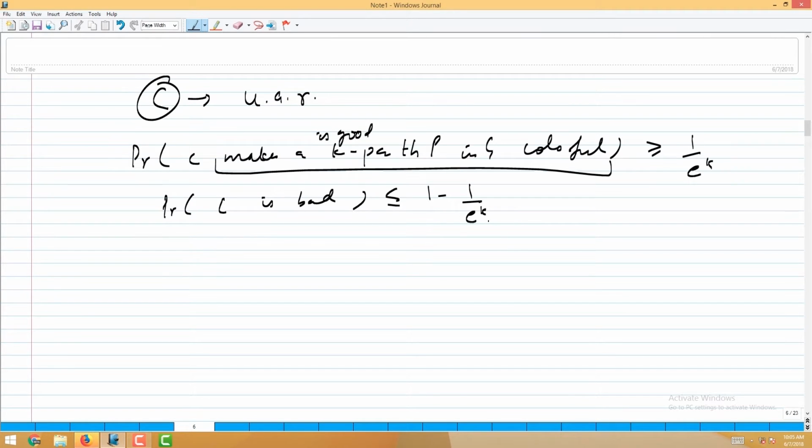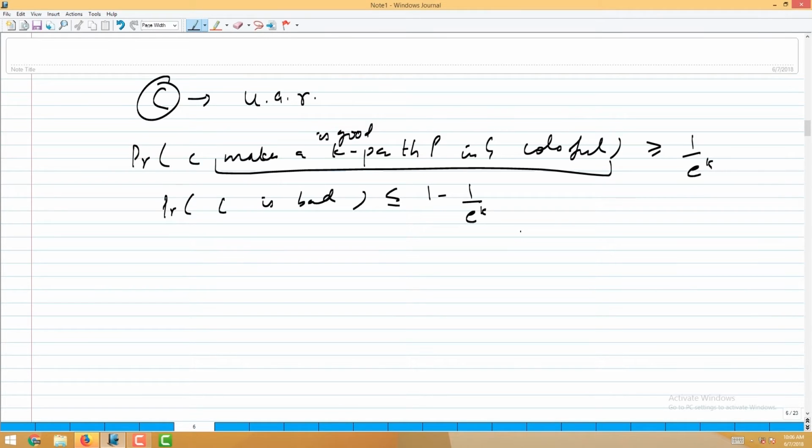We started with the k-path problem. We chose the coloring uniformly at random, ran this experiment, and ran the algorithm for colorful k-path. This algorithm was wrong with probability at most 1 minus 1 by e power k. So let's do the following. If the algorithm outputs yes, we know it's always a yes.